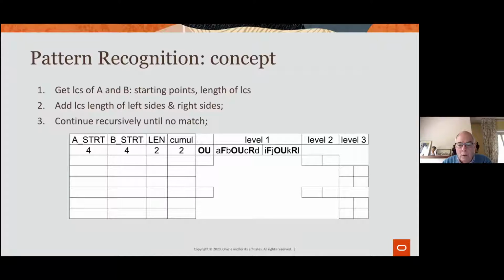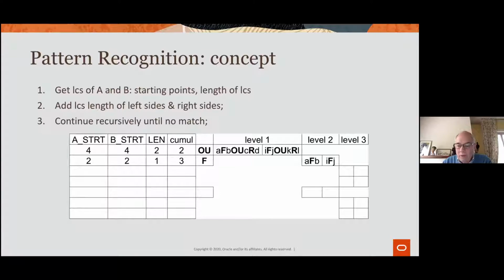So now I have to take whatever's on the left side of OU, AFB from the first string and IFJ from the second string, and I have to find the LCS of those left side bits, and I find F. So I've got starting points there, I've got a length, and my cumulative length is now 3.